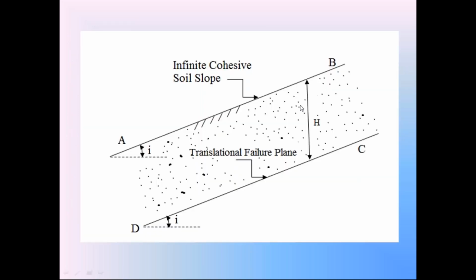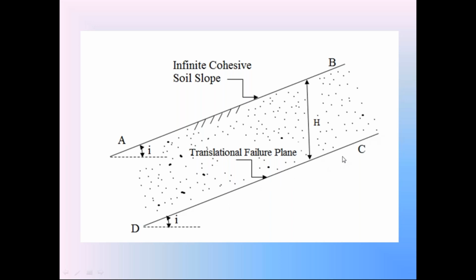So this is the diagram. Please everyone follow this diagram. Here AB is the infinite cohesive soil slope. Let this infinite cohesive soil slope make the angle i with the horizontal. We know that the infinite soil slope is subjected to translational failure along the failure surface CD.